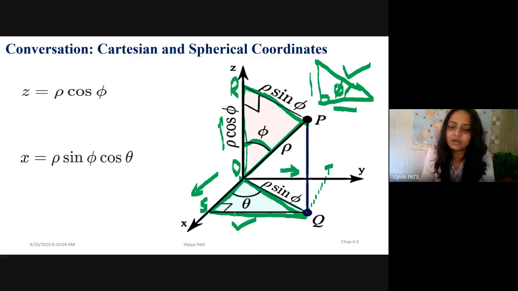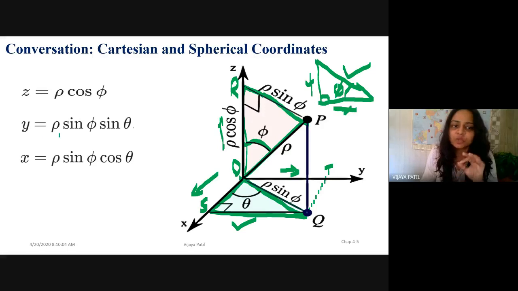This is nothing but along the y-axis, because if I put the perpendicular as I've told you, SQ remains the same as OT, right? The component along OS, SQ remains the same as OT. And therefore, if you observe, we always have a cosine component and a sine component. So I'm going to get y as rho sin phi sin theta. So we have got the relation between x, y and z.